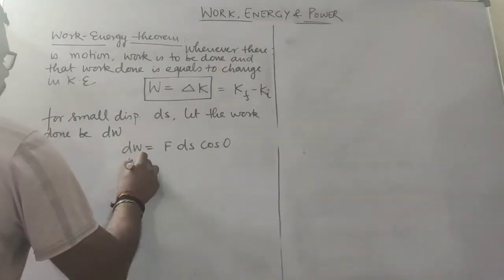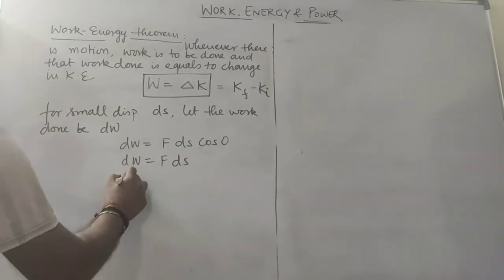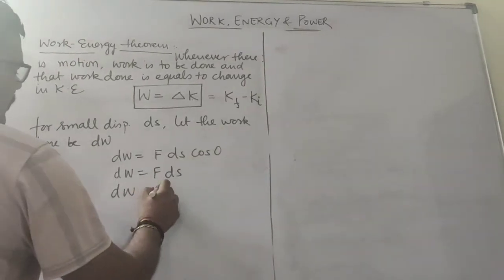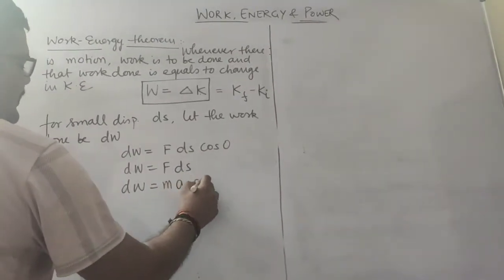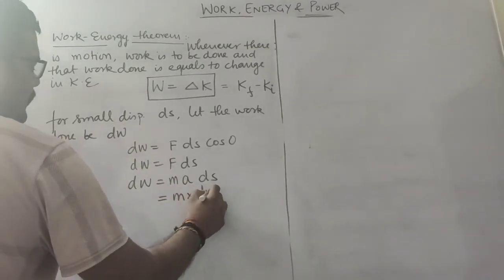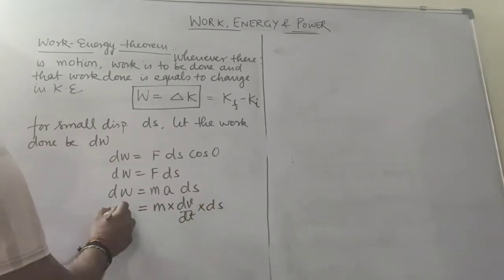So dW is equal to F ds. F is equal to mass into acceleration, so dW equals m into dv by dt into ds.